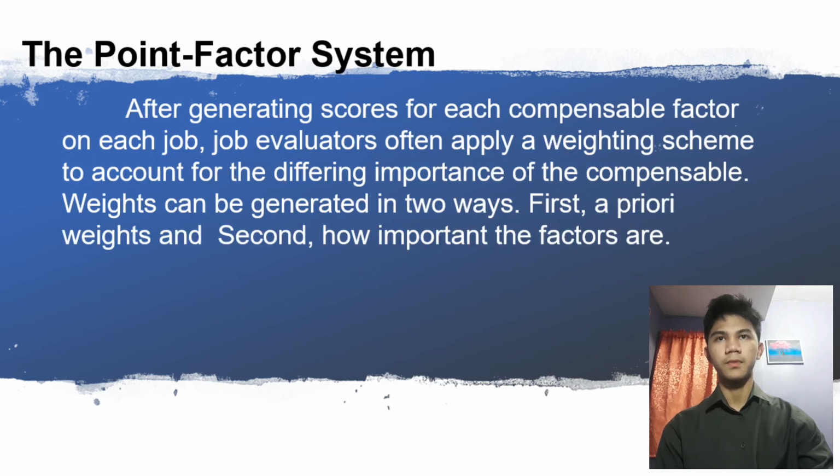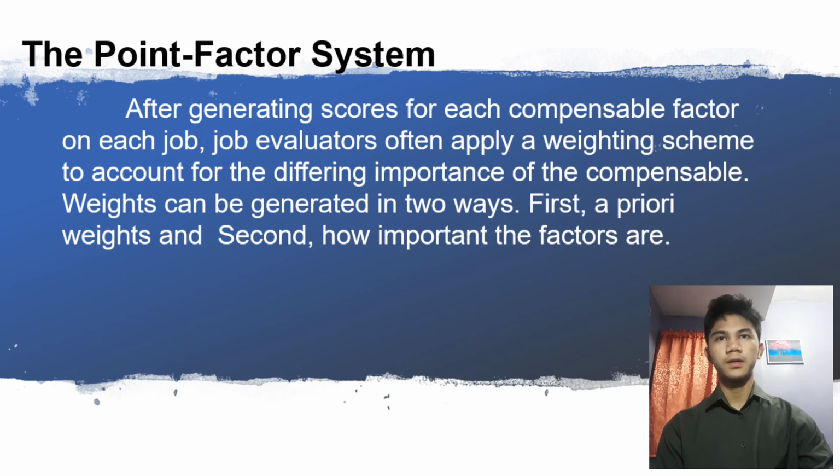Point factor system. After generating scores for each compensable factor on each job, evaluators often apply a weighting scheme to account for the differing importance of the compensable factors to the organization. Weights can be generated in two ways.